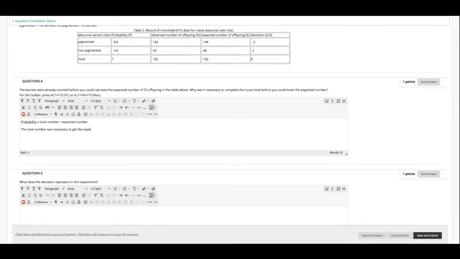To get the expected number because it is in the equation. If we did not know the total number, it would be impossible for us to find the expected.